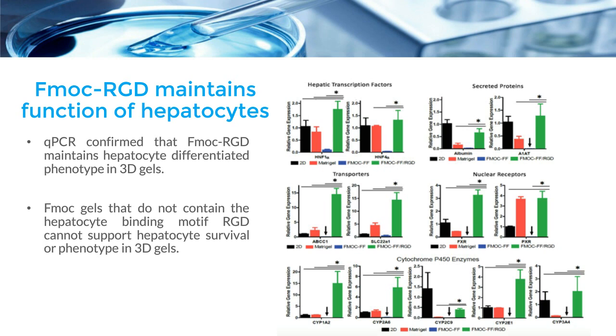We see a significant improvement in expression of transporters and nuclear receptors, as well as a variety of cytochrome P450 enzymes. These are domains that have traditionally been very hard to maintain in vitro. Basically, these domains are expressed at levels similar to what we see in vivo for primary human hepatocytes.